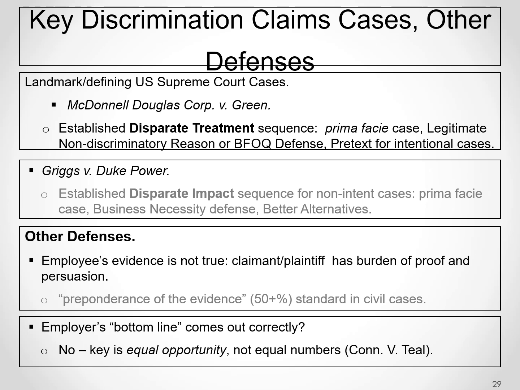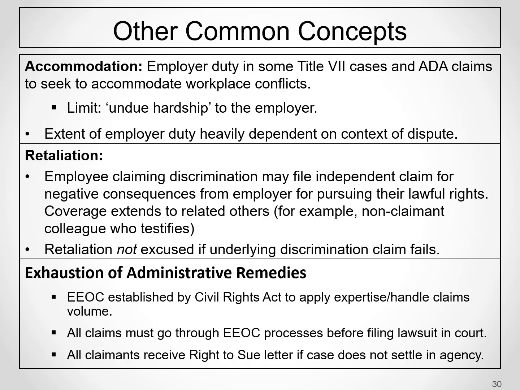The key is equal opportunity, not equal numbers. And that's why there's that range of the 4/5 type rule, 80%, whatever, because no one can ever expect the statistics to come out perfectly even. So essentially what it comes down to is that employers' policies should be designed in a way that they ensure that everyone has an equal chance at the job based on their qualifications.